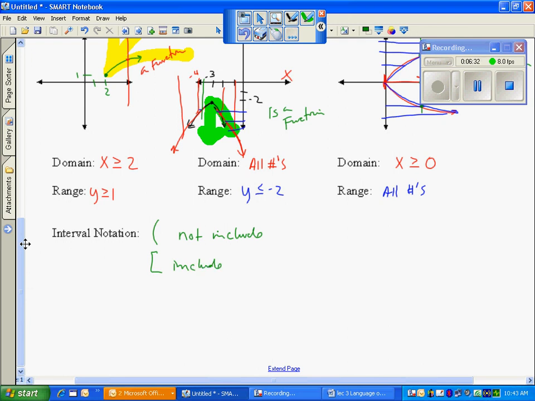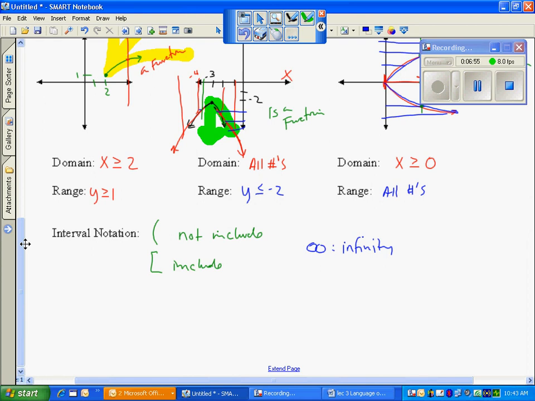And there's another symbol that we're going to introduce, and that is this sidewards 8, and that is called infinity. Now with infinity, infinity is a super large number. You never get there. If I say 1,000,002 is a large number, there's always a bigger number, 1,000,003, and it keeps growing and growing. So I never quite get there, so I cannot include infinity.